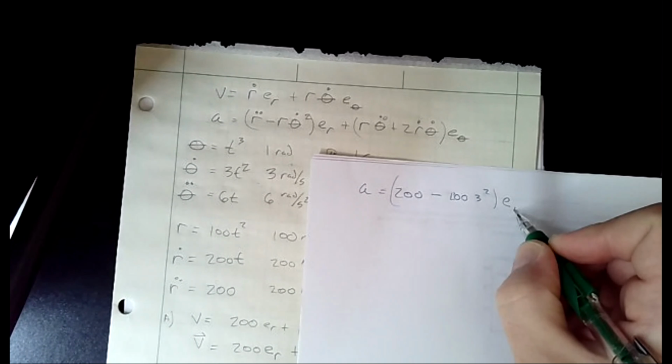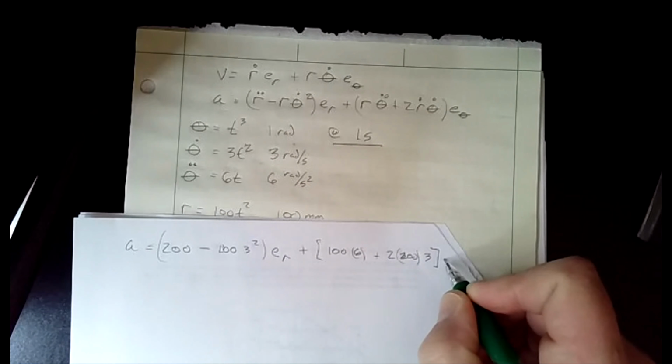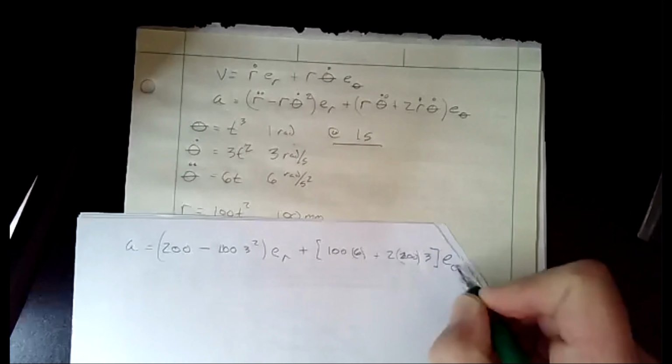Oh, it's R dot. Sorry, I'm just looking at something else. So it's 2 times 200, again, just pulling our values from here. So we get 2 times 200, and then times 3. And then that's all E theta.